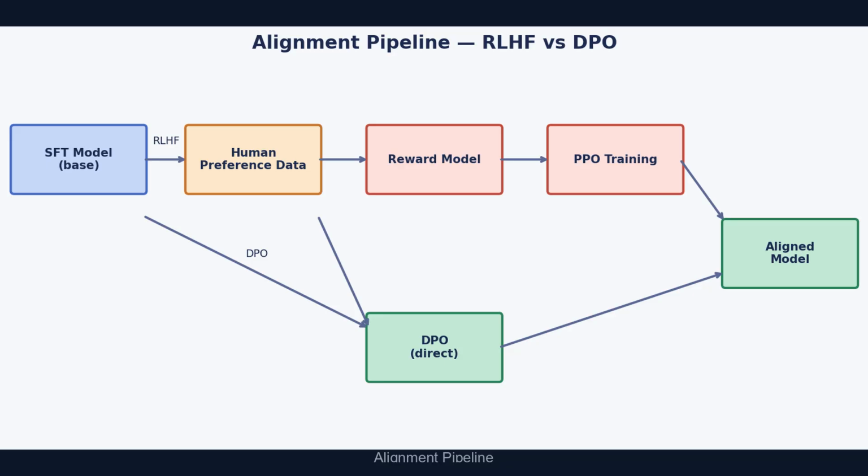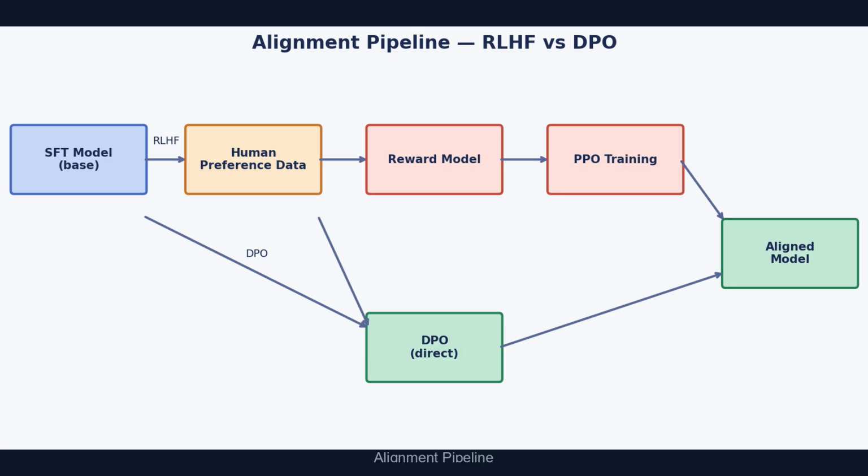This diagram shows the alignment pipeline side by side for RLHF and DPO. Both start from the same place, an SFT model and human preference data. In RLHF, that preference data first trains a separate reward model, a neural network that learns to score outputs the way humans would. Then PPO optimization uses that reward model as a signal to update the SFT model, producing the aligned result.